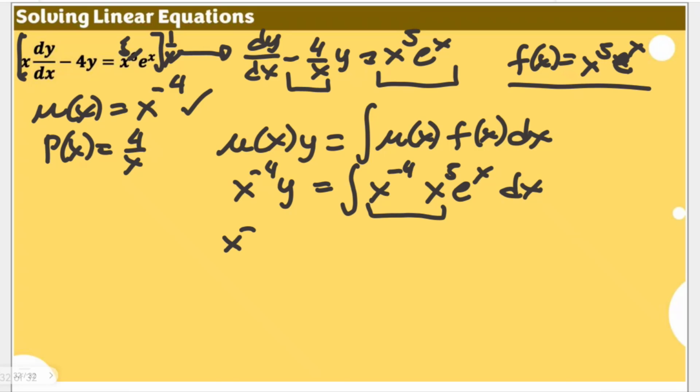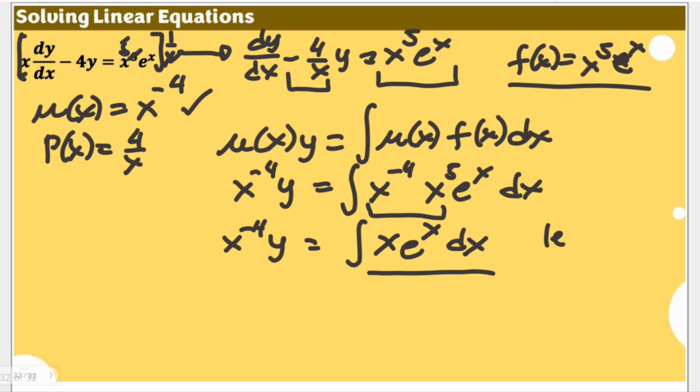So with this, we can combine these two. You have x to the power of negative 4 y is equal to the integral of x e to the power of x dx. But this cannot be integrated directly because we cannot express one as part of the derivative of the other. Let's say, for example, let u be x, so du is dx. But there is still e to the power of x.